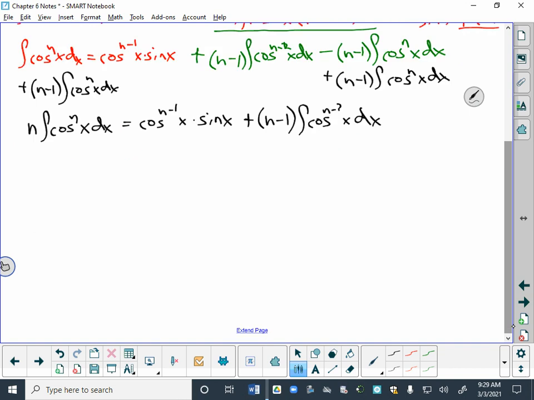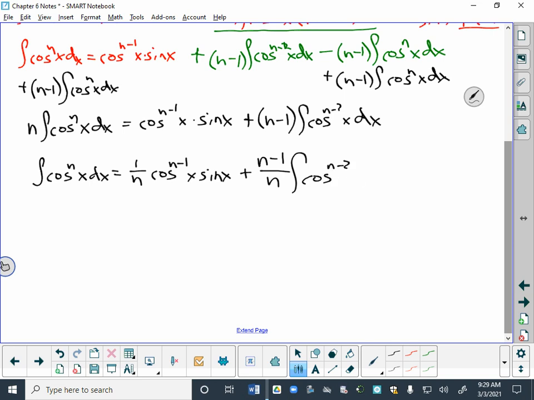All right, and all that's left to do then is divide everything by n. If we divide everything by n, we're going to get cosine to the nth x dx is equal to 1 over n times cosine to the n minus 1 x times sine x plus n minus 1 over n antiderivatives of cosine to the n minus 2 x dx.